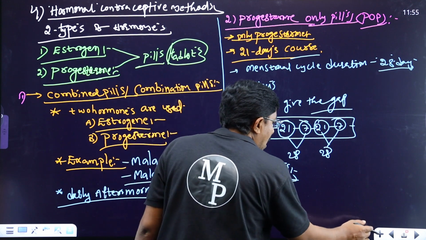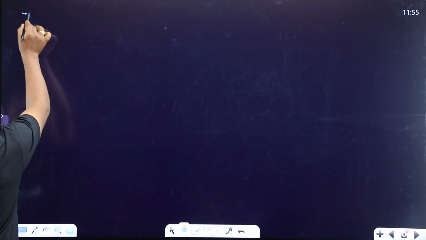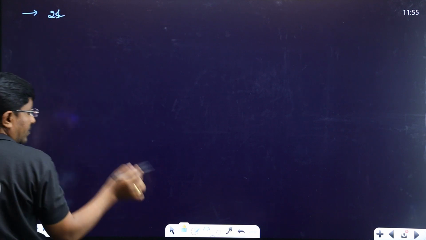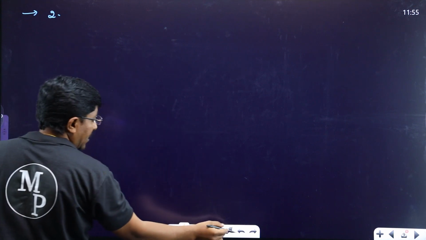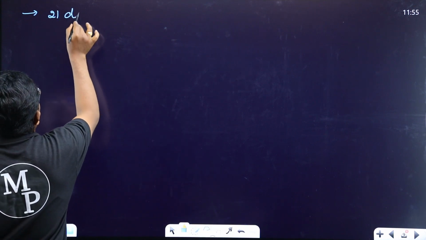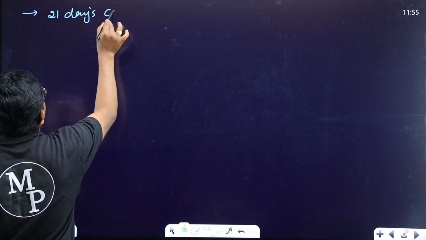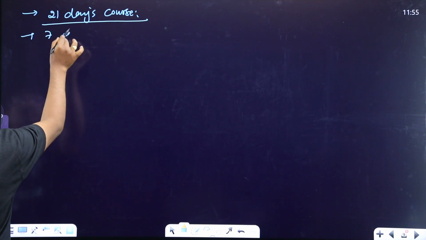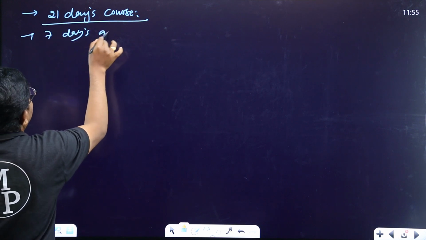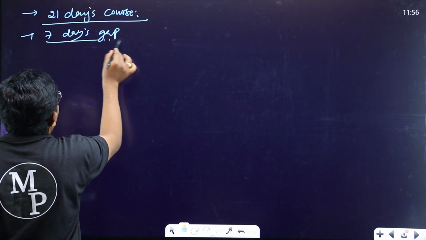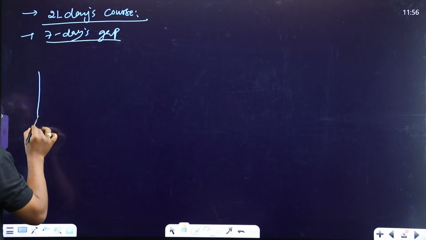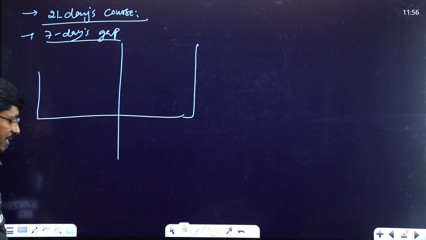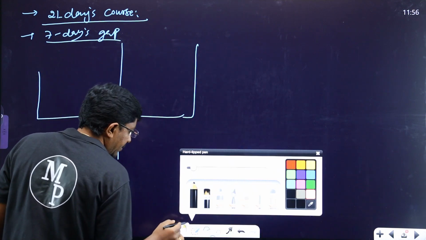For example, I'll give detailed information for this. There is a 21-day course and a 7-day gap. Take the menstrual cycle, with the middle of the cycle marked.